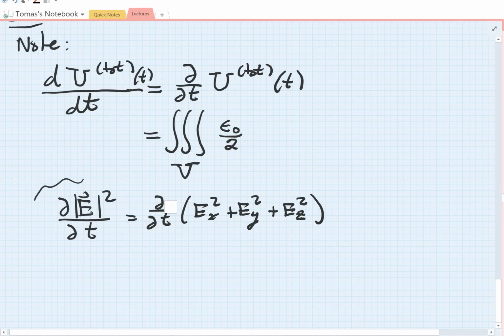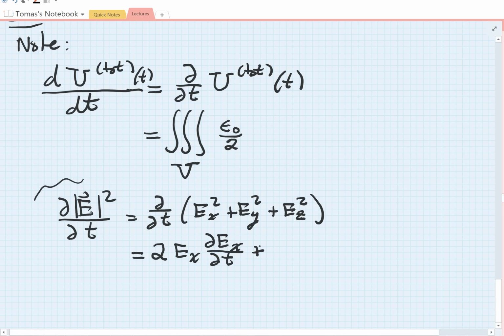So when I take these derivatives, I think we can see we're going to get a sum of three different terms, right? The first term, when I take this time derivative, is I have the square, so I bring down a factor of 2. I then have the x component of the electric field times its derivative, which is partial of the x component with respect to time t. That's the first term.